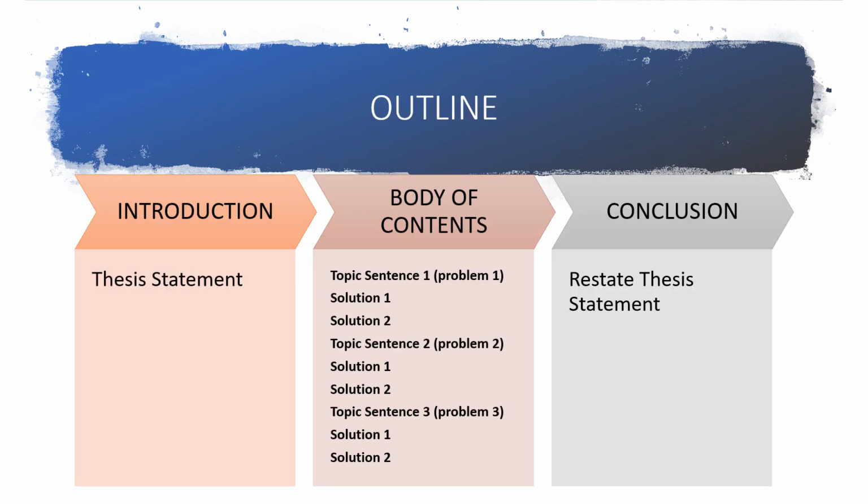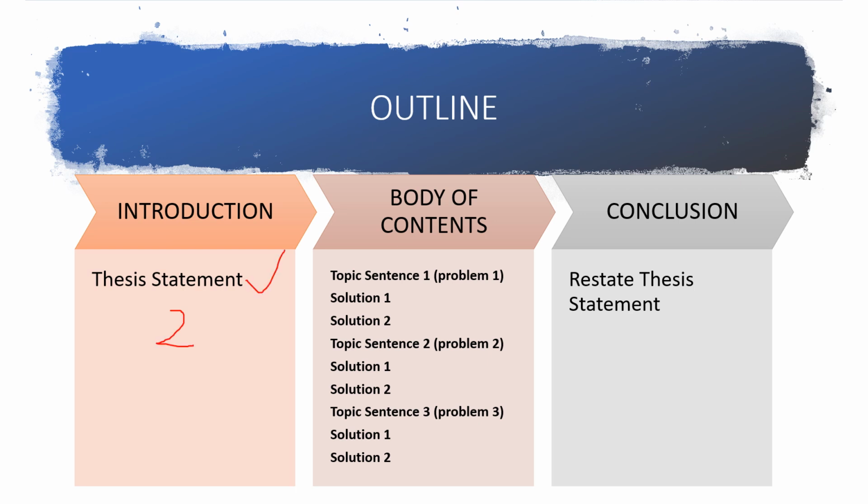Alright, so here is the outline, and as you learned, you need to follow the chain structure for your essay outline. So when you start writing your essay, you are going to start with your introductory paragraph, and in the introduction, you need to write 2 sentences for your opening statements, followed by the thesis statement.